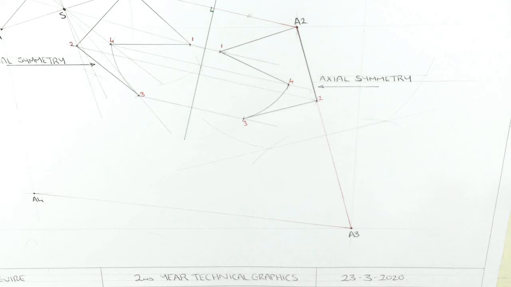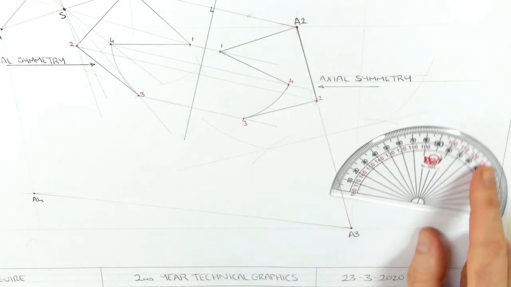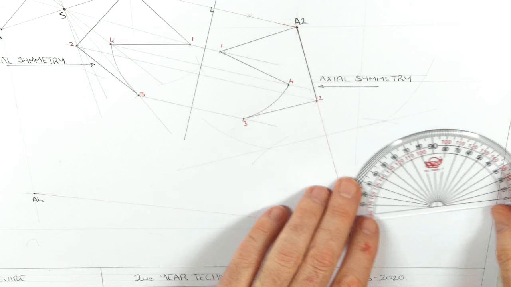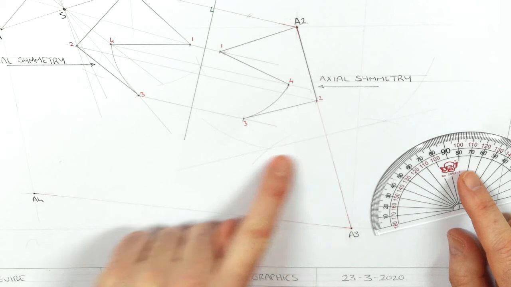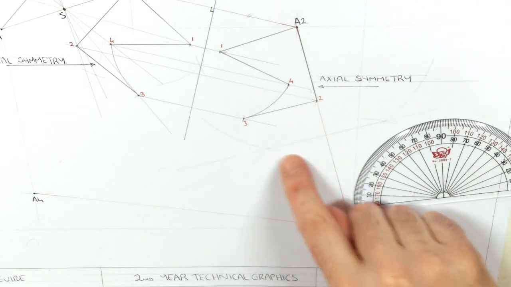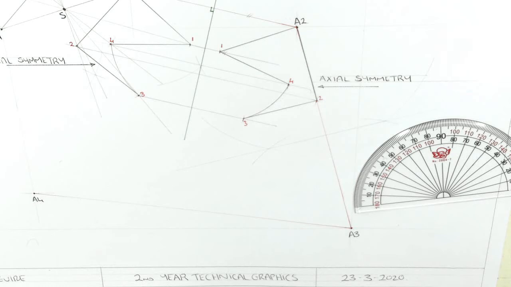Okay, so what we're going to need, because we're dealing with degrees and rotation, is we're going to need our protractor here for this question. Now, I joined A2 to A3 and I've got a center line here. So we've got to set up this rotation in here, and it needs to be at 120 degrees, right? So if we think about this, down here, what I have is a triangle, and in here it needs to be an angle of 120 degrees.